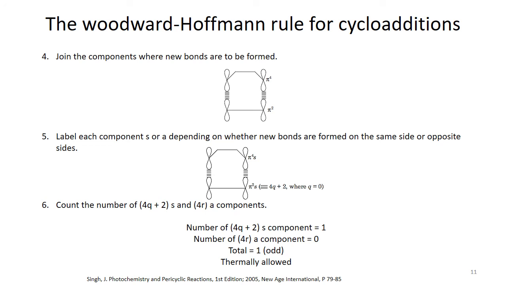So we write it as pi 4s and pi 2s. For pi 2 we say 4q plus 2, where q is 0, so this is basically a 2 electron system. Counting, the number of 4q plus 2s components is 1, and the number of 4r antarafacial components is 0, because no orbital is interacting in an antarafacial way.